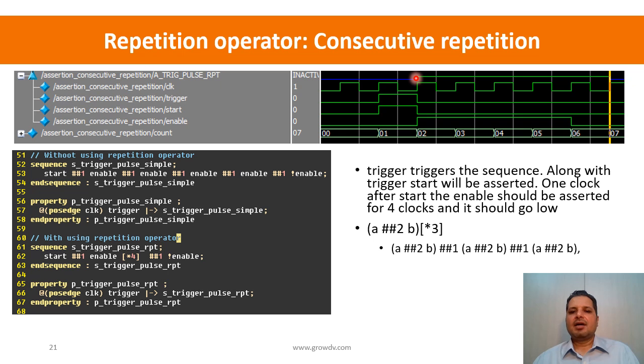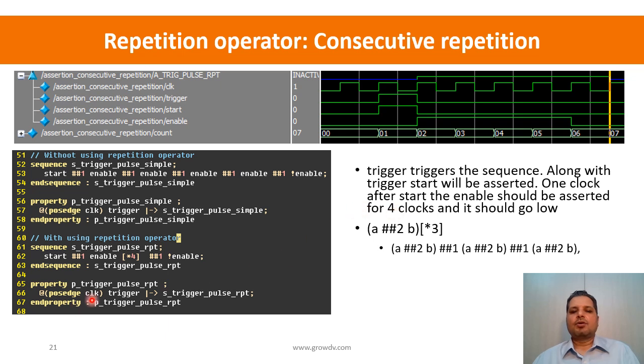It started as soon as the antecedent was satisfied, and it ended when the endpoint of the consequent, the not of enable, was satisfied. At that point the property has passed.